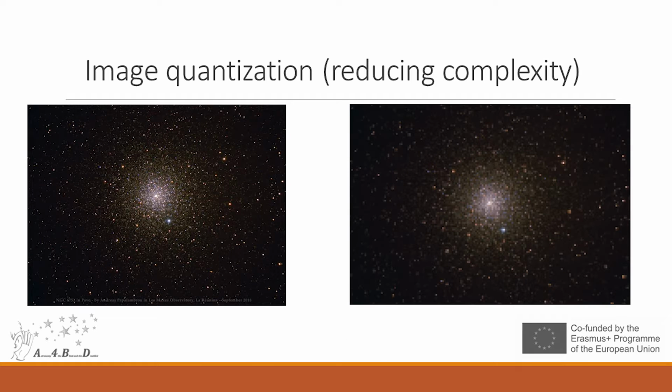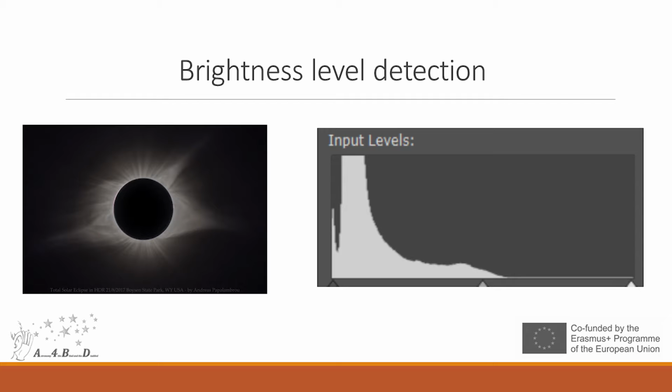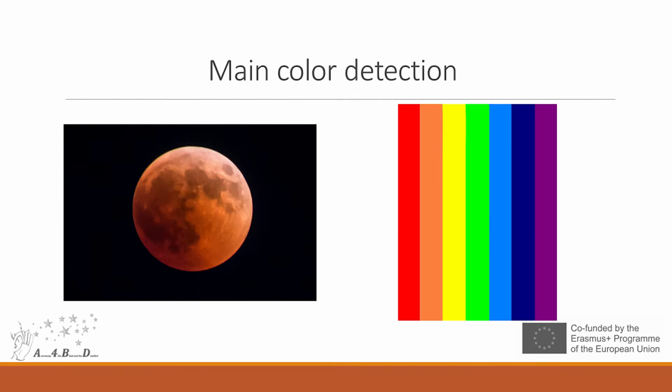Second, the image is quantized in order to reduce its complexity because an image that is sonified on a pixel by pixel basis would be too complex. Third, we detect the various levels of brightness across and along the image. And fourth, we detect the colors of the images in every part of the image.